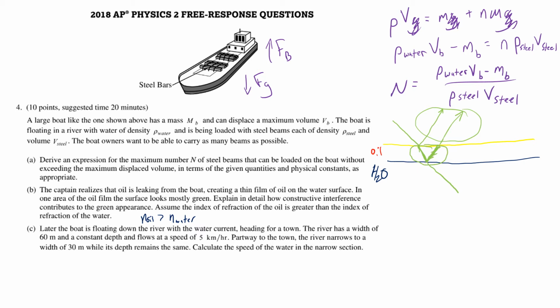So let's pretend for a moment that this ray right here, the black one, departs at the same time as the red one. Now, the black one has a head start, but what we know is this extra path has to equal some multiple of the green wavelength.